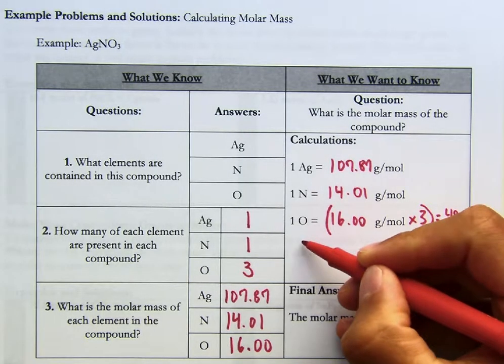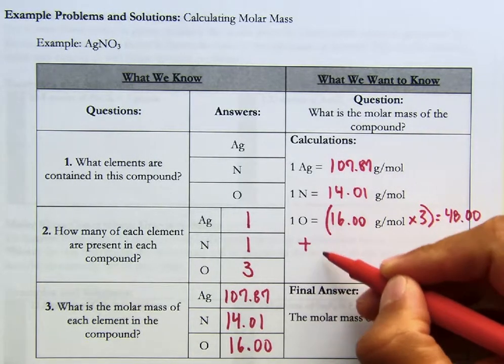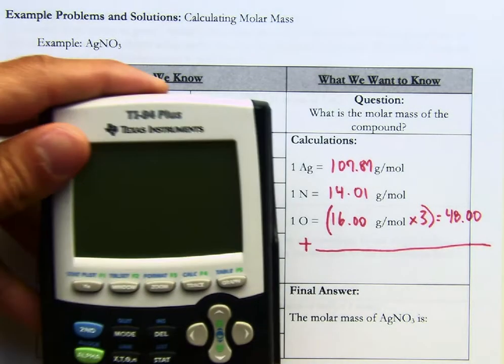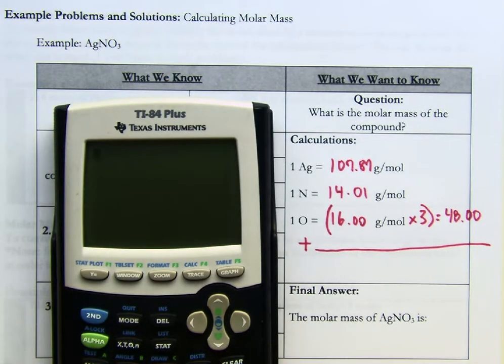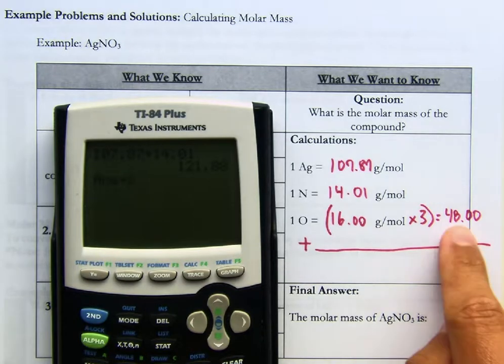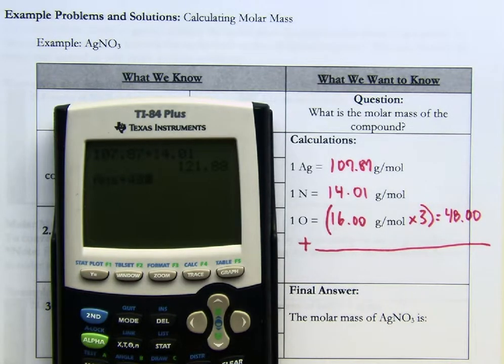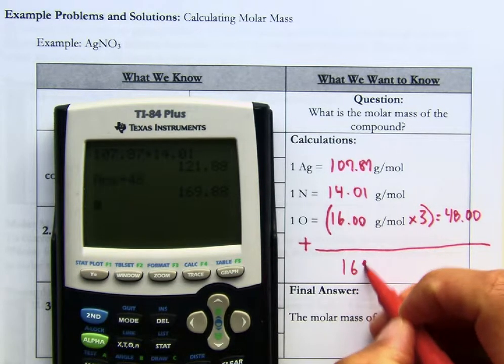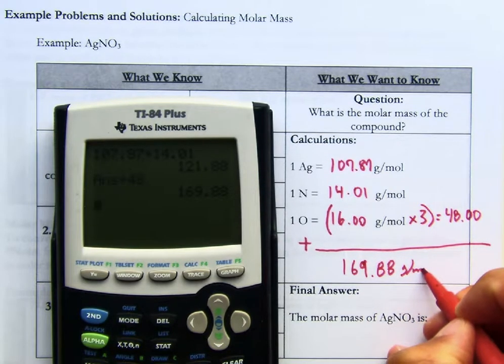We're then going to add that together. So 107.87 plus 14.01 plus 48. 169.88. This is in grams per mole.